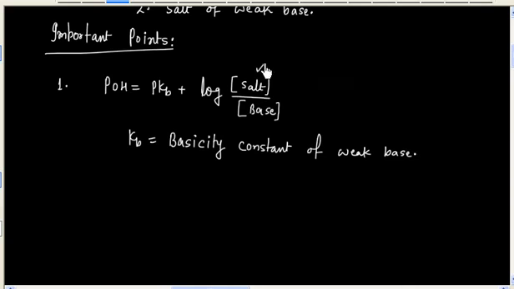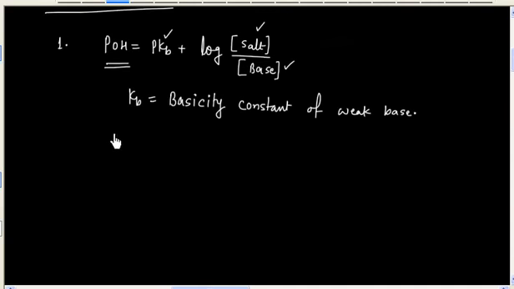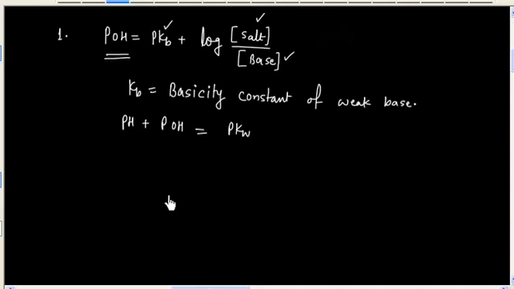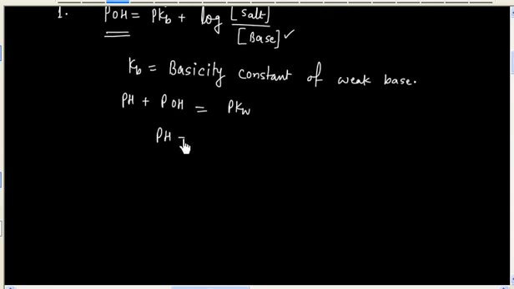So once we know concentration of salt, concentration of base and Kb value, we can calculate pOH. pH can also be calculated because pH plus pOH is pKw. So pH is equals to pKw minus pOH.